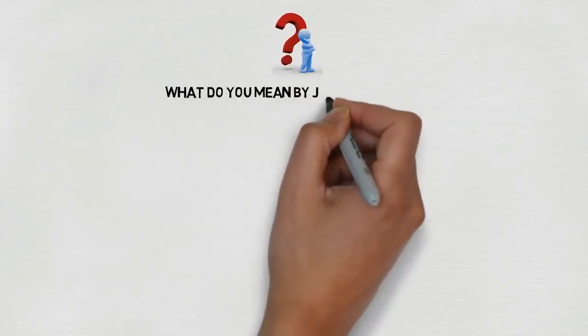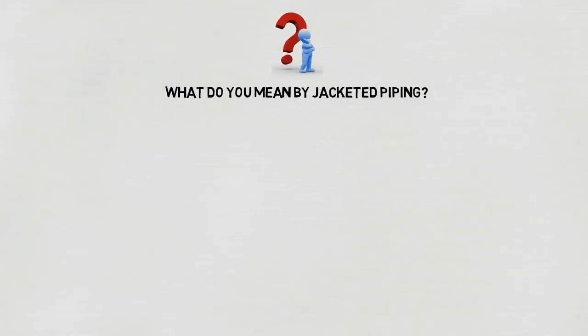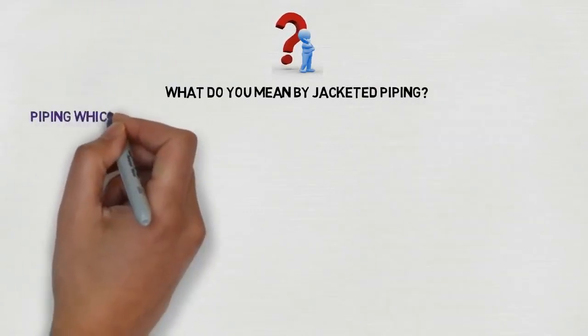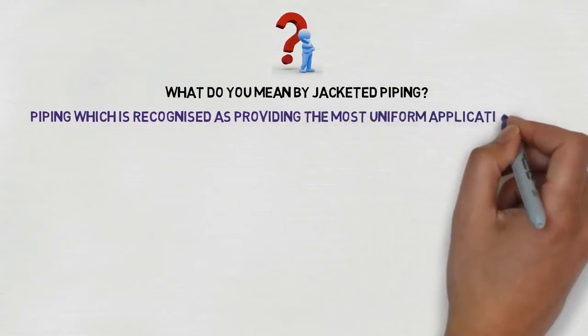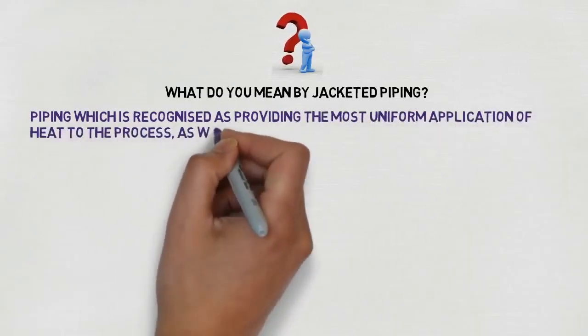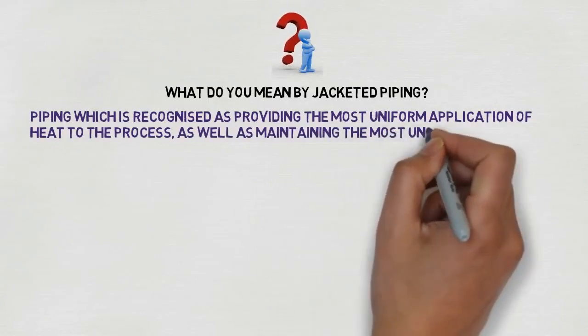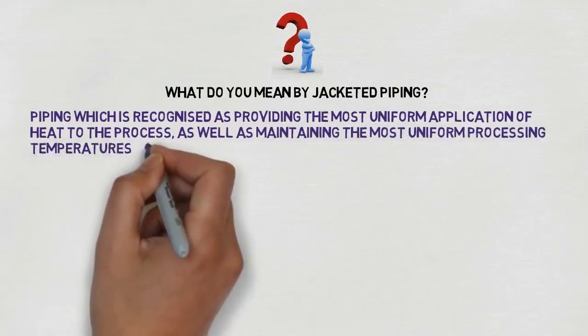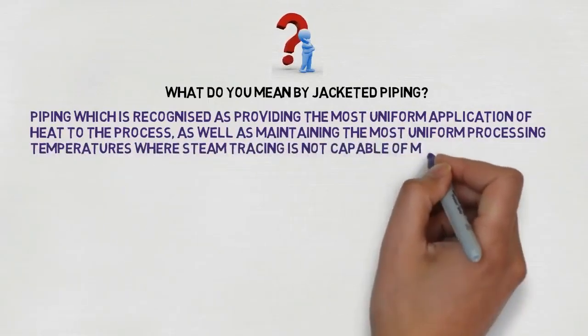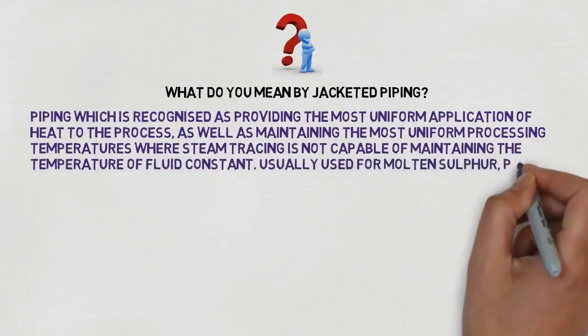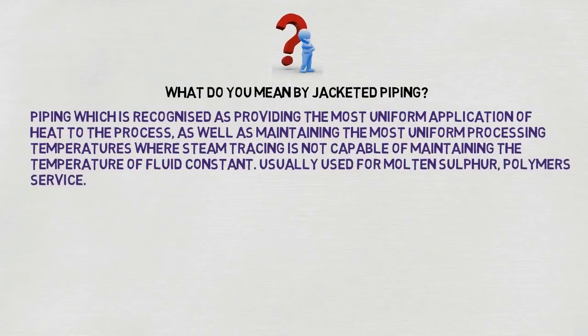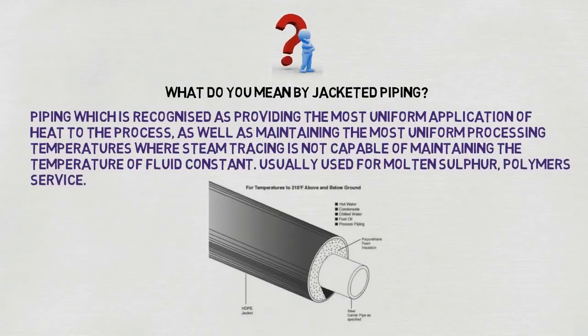What do you mean by jacketed piping? Piping which is recognized as providing the most uniform application of heat to the process, as well as maintaining the most uniform processing temperature where steam tracing is not capable of maintaining the temperature of fluid constant, usually used for molten sulfur polymer service.